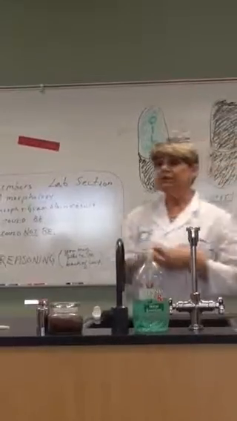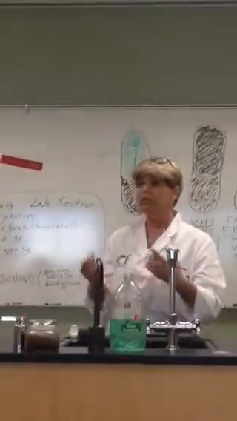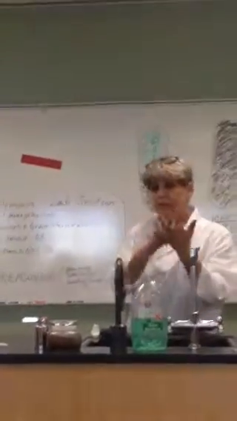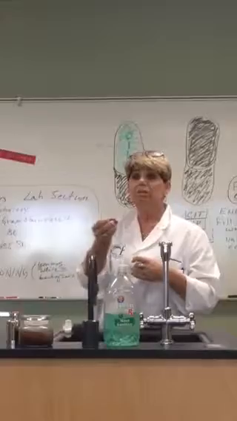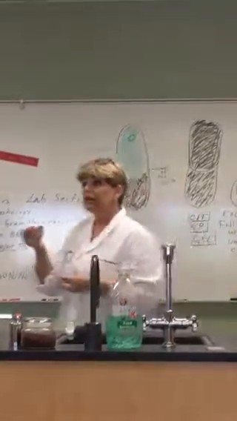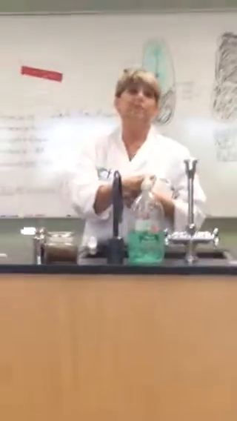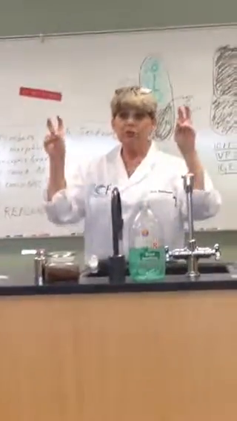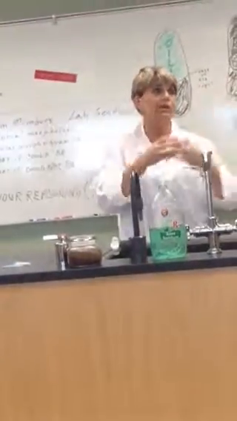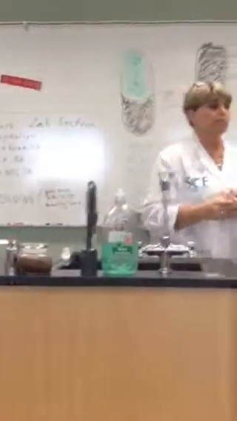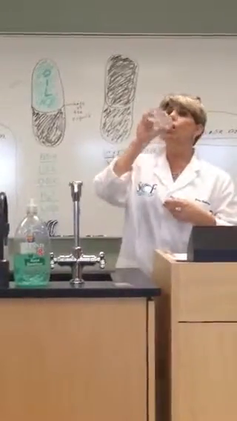Because we can't identify bacteria on the basis of their hair color, their skin color, their eye color, and their size and shape, really. In that strip, instead, we're looking for enzymes to run metabolic reactions. If they have an enzyme to do a metabolic reaction, that means they have a gene for that enzyme. So we're looking at their genetic characteristics, just like eye color is a genetic characteristic. Well, the enzymes that bacteria produce are a genetic characteristic we can use to identify them.